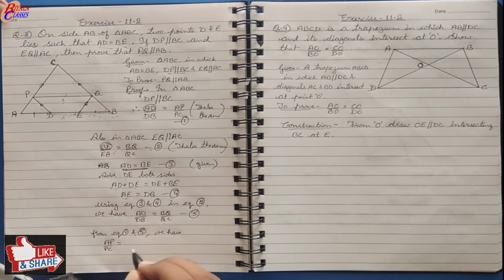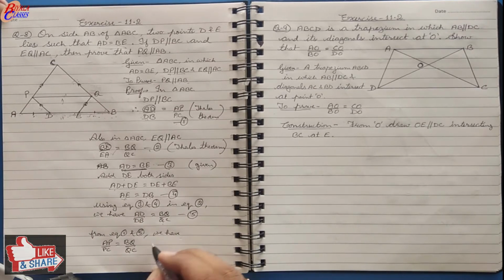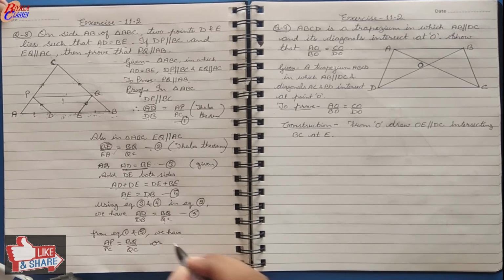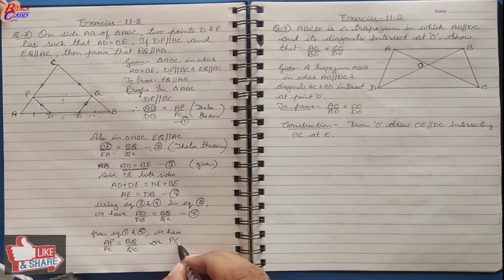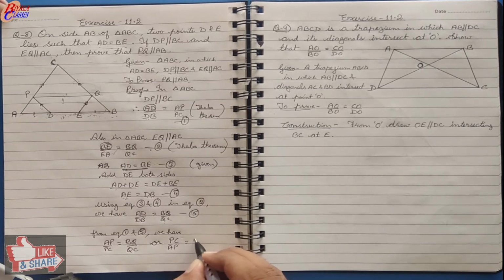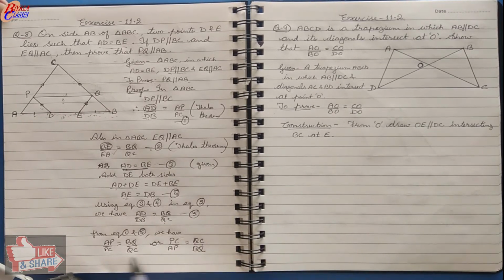AP upon PC is equal to PQ upon QC, and the same result you can write as PC upon AP is equal to QC upon BQ. It doesn't matter, you can even keep it like this also.